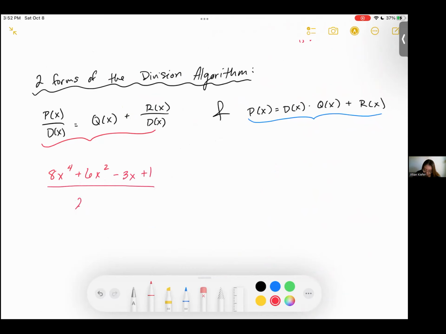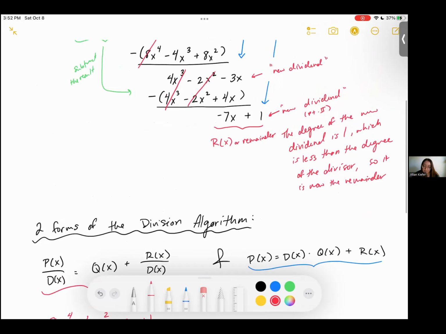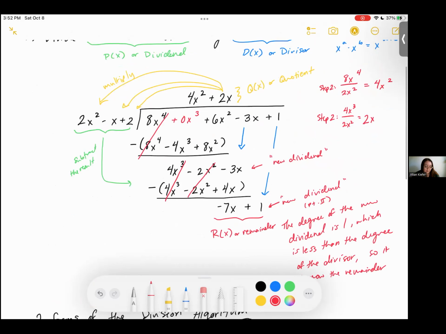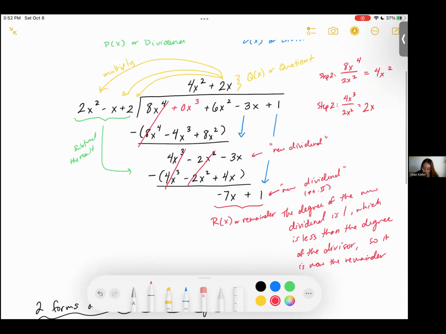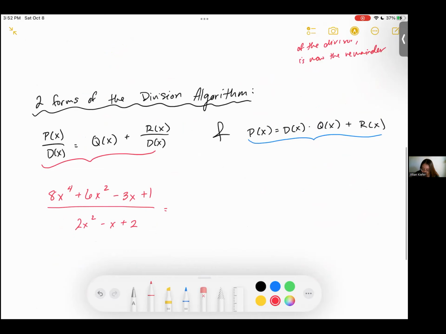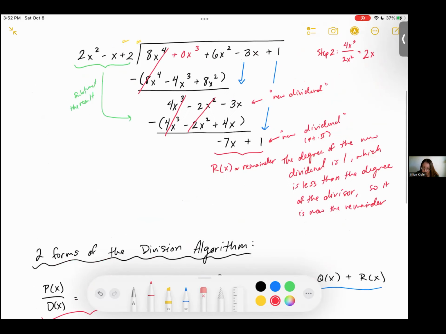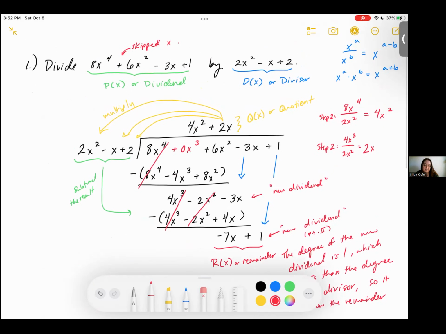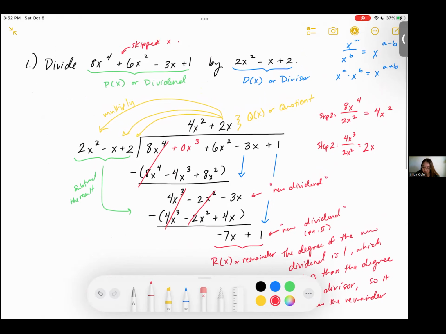Divided by the divisor, which was 2x squared minus x plus 2. And this is going to be equal to our quotient 4x squared plus 2x, and then plus the remainder divided by the divisor, which the remainder was negative 7x plus 1, and the divisor was 2x squared minus x plus 2.